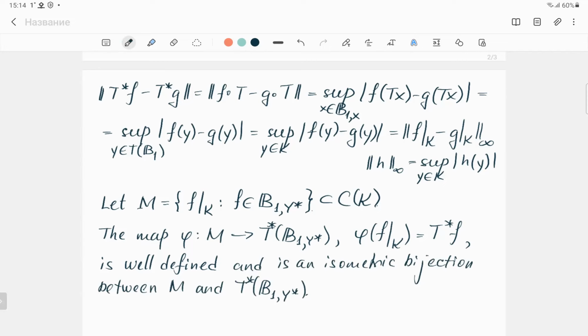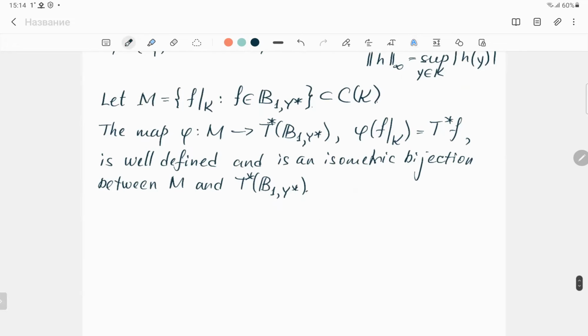And let's recall that our goal is to prove that this space, the image of the unit ball under T star, is totally bounded. Now we see that it's enough to show that M is totally bounded. So to complete the proof, it suffices to show that M is totally bounded.